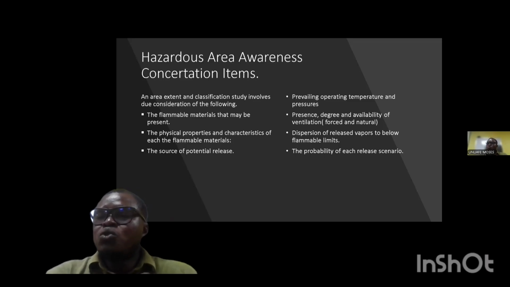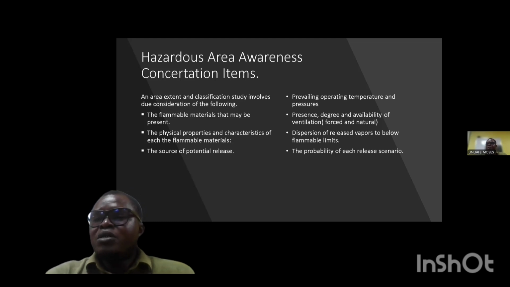If it's used once or twice a day during a routine check, then the probability of release is moderate, which is a primary release, and that area can be considered Zone 1.